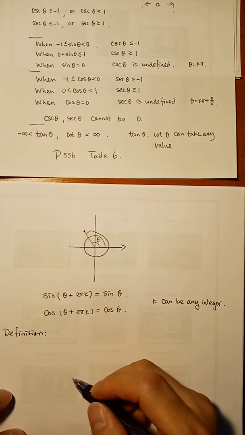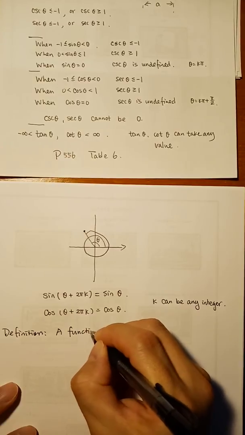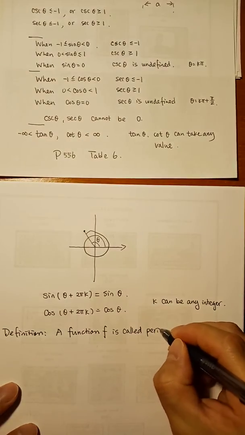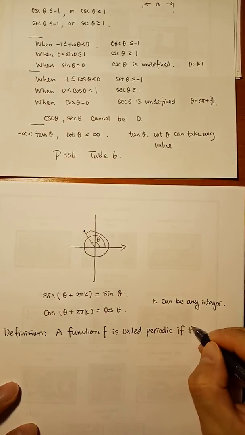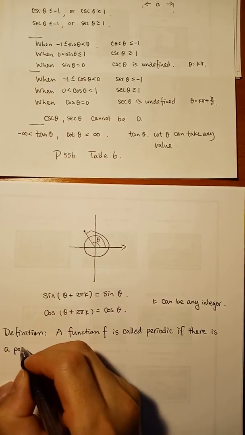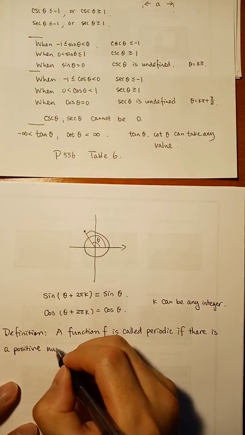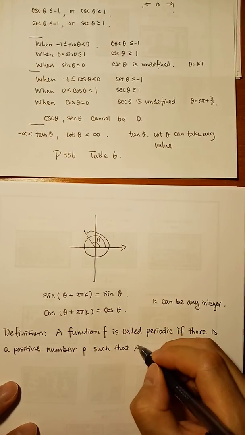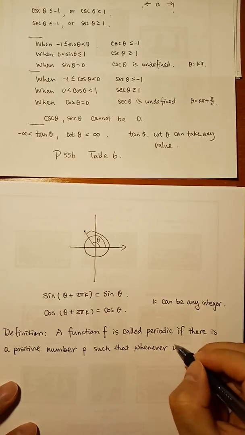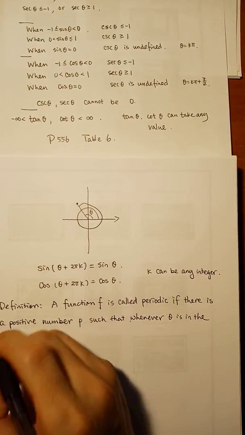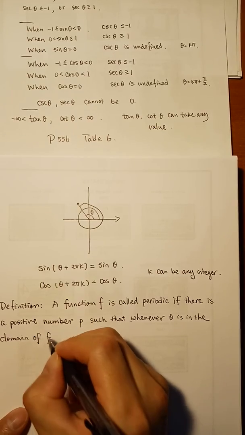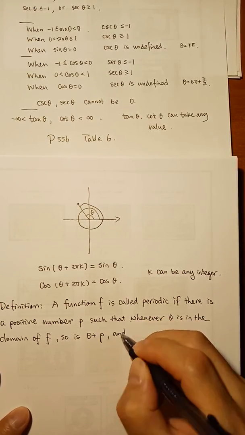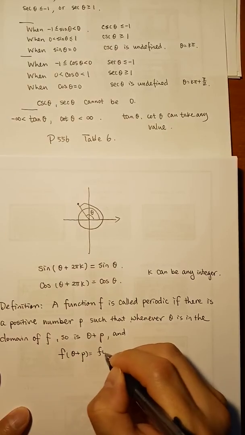A function f is called periodic if there is a positive number P such that whenever theta is in the domain of f, so is theta plus P, and f of theta plus P is f of theta.